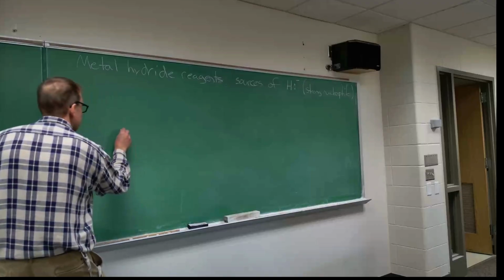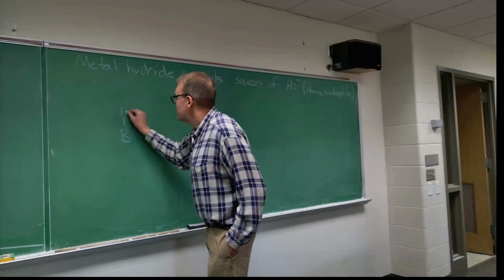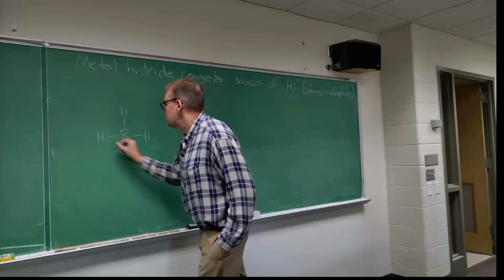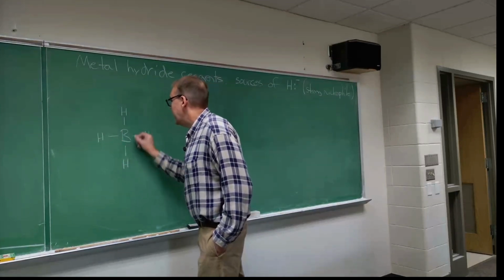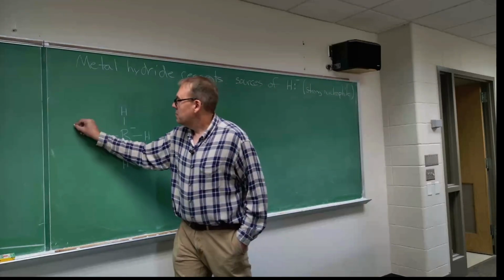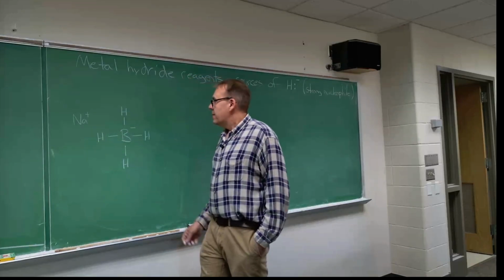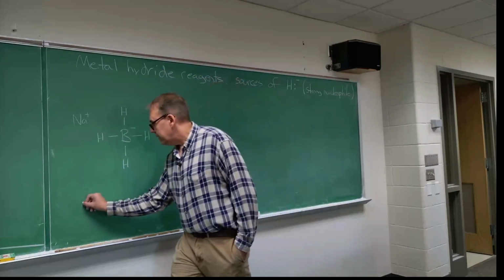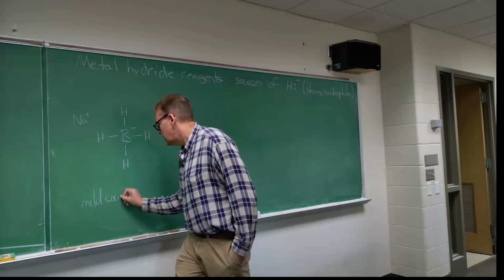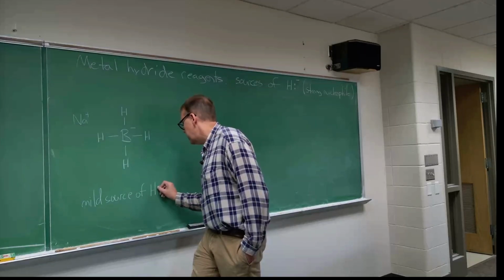The first one is the sodium borohydride reagent. So I'll draw it up here. It's a central boron that's got 4 H's attached and a formal minus charge. Then there's a sodium counterion that goes along with it. And this is a mild source of H- hydride.